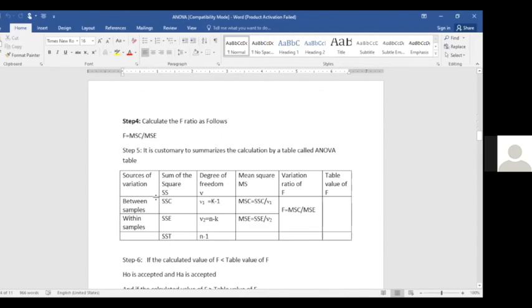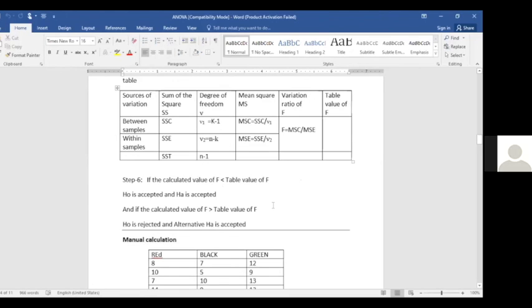At the end, you have to produce a summarized table: sum of squares between the columns, sum of squares within the sample, then degrees of freedom, mean square, the value of F is this one divided by this, then the table value. Then you have to compare the table value, and accordingly whether it is significant, whether the hypothesis is accepted or rejected.